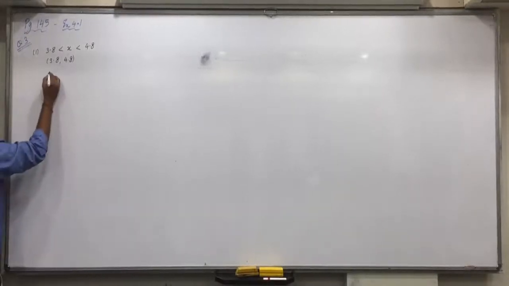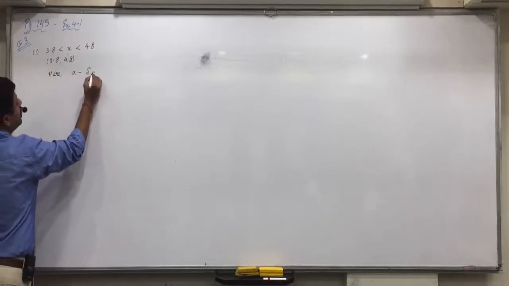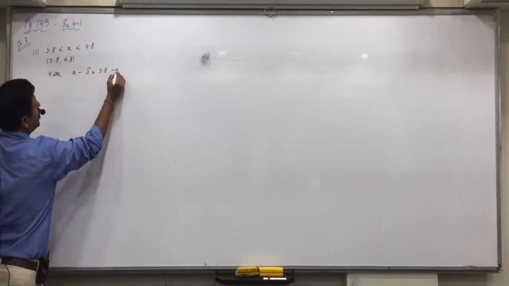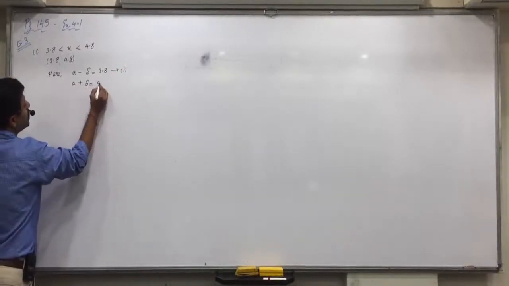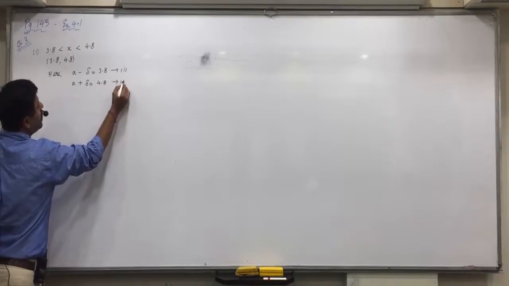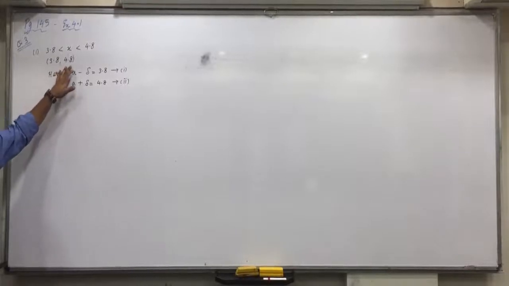Yes. So you can write here a minus delta is 3.8, mark it as 1. A plus delta is 4.8, mark it as 2. Interval form means a minus delta, comma a plus delta.